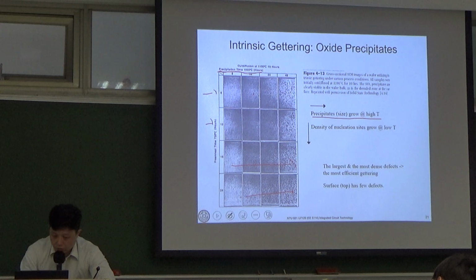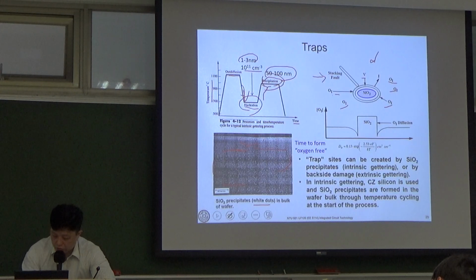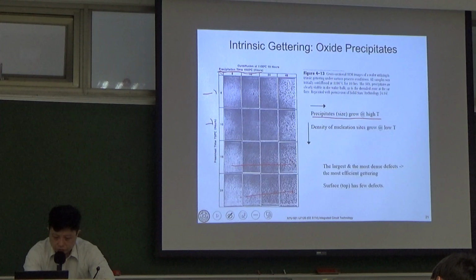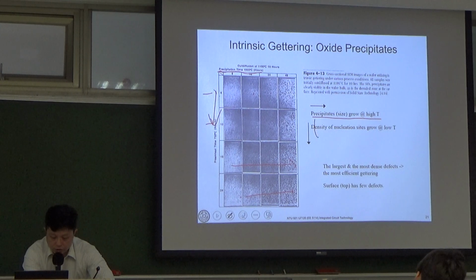And if you change the nucleation time, we can follow this y-axis direction from 6 to 24 hours. Then we can see the density grow.